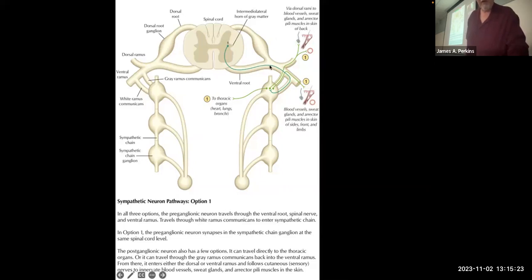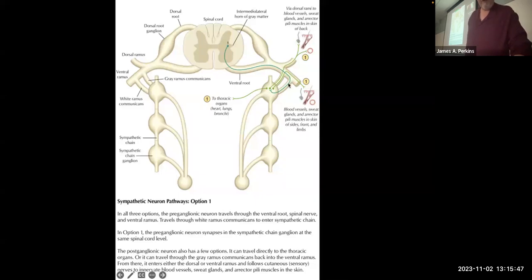And from the ventral root, the axons will travel into the spinal nerve and then actually into the ventral ramus of the spinal nerve. And it's at this point that the preganglionic sympathetic neurons are then going to jump from the spinal nerve, or really technically from the ventral ramus of the spinal nerve, to the sympathetic chain.